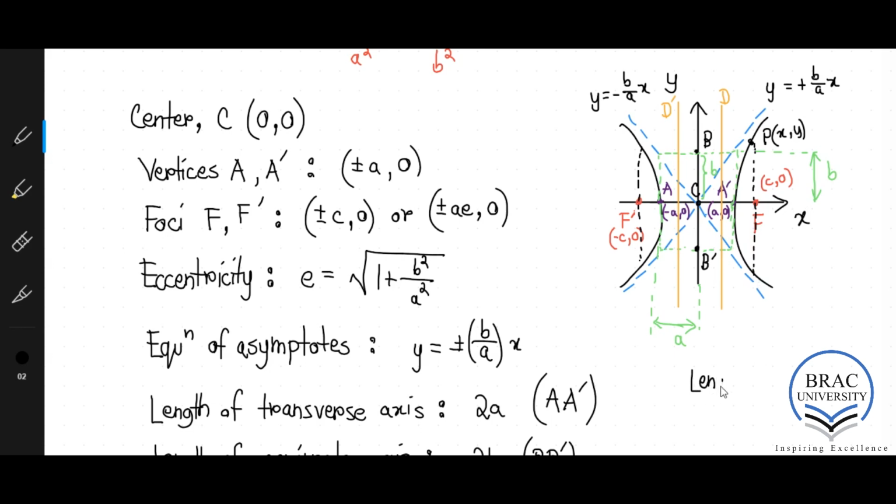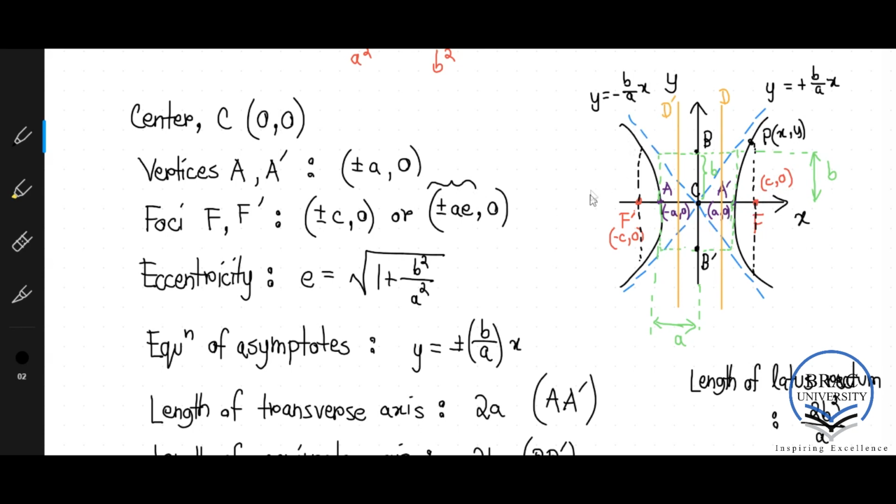So length of latus rectum, or in plural latera recta, is 2b squared over a. And if you want, you can also write down the equation of the latera recta by just using x is equal to negative c and x is equal to positive c. Or you could also think of the c as this term. X is equal to plus ae and x is equal to minus ae would give you the equation of the latera recta.